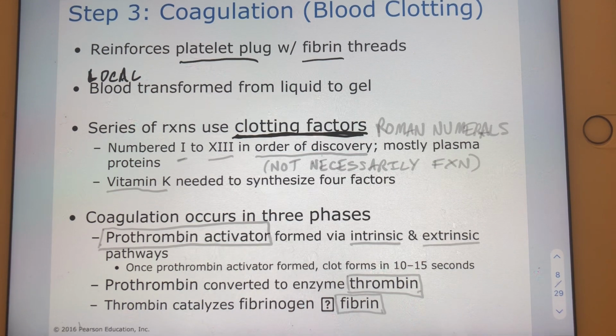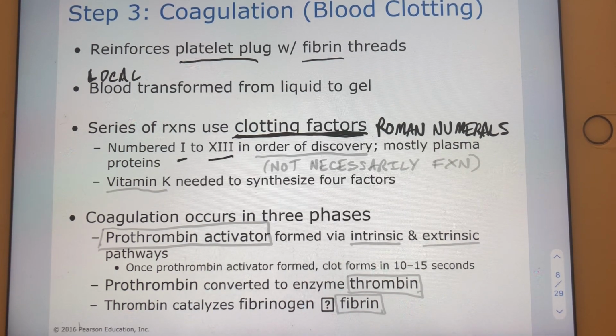They're all named using Roman numerals, which is a pain, but a very common theme in A&P 2, that we have to use Roman numerals to identify different substances. Those Roman numerals range from 1 to 13.